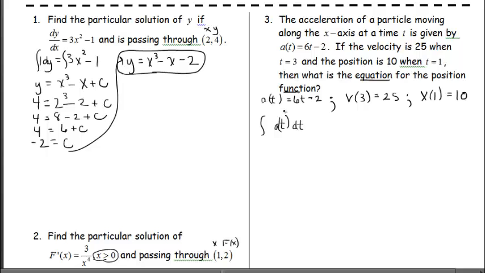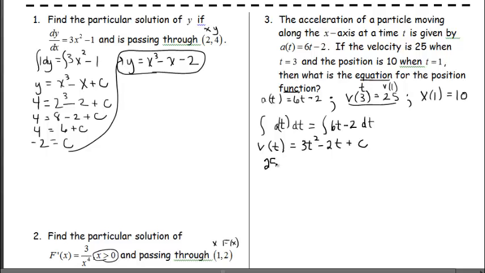So bring in the integral symbol and the dt. I'm just going to go back to v of t for the antiderivative. Here, this integrates back to 3t squared minus 2t. Don't forget the plus c, because this is where you're going to want to plug in these values. So when time is 3, v of t is 25.